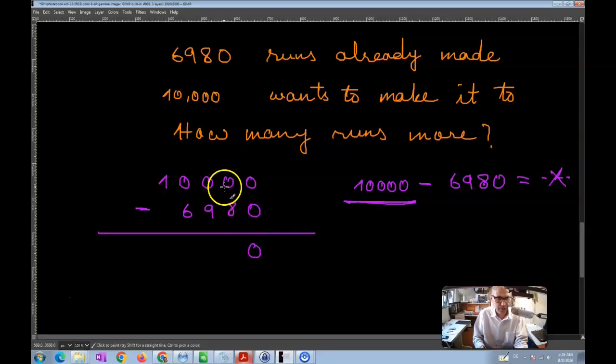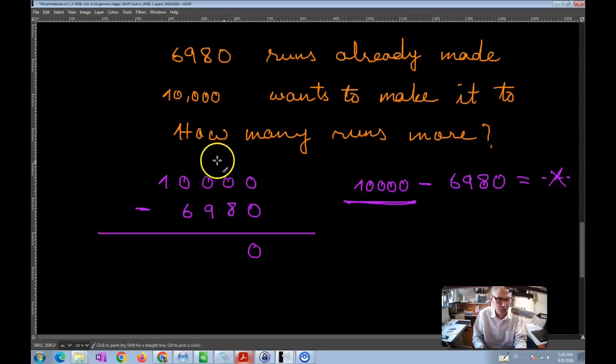But then from this 0, meaning 0 groups of 10, I want to subtract 8 groups of 10, which is of course not possible, because you need to have at least 8 groups of 10 from which you could subtract 8 groups of 10, right? But there are 0 groups of 10 over here.